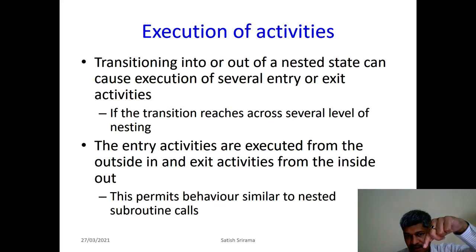And when you are coming back, the exit activities of the lowest level will be executed, then the upper level, then the upper level, and eventually you go out of that particular state. So that's how transitioning in and out means several entry and exit activities are being executed.